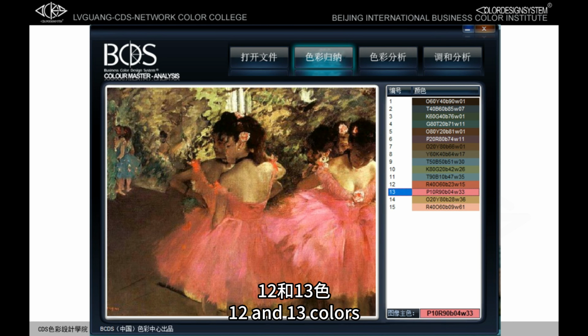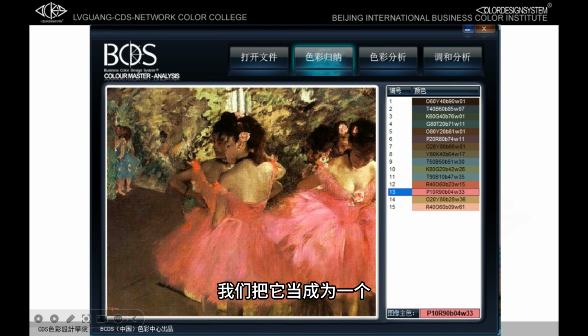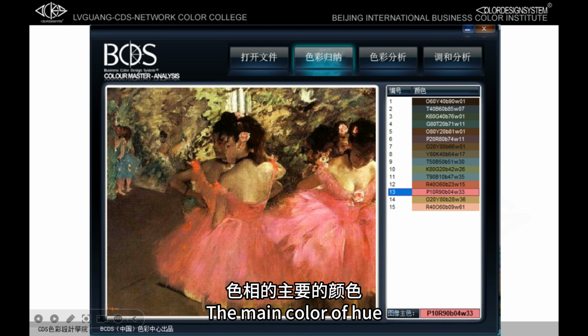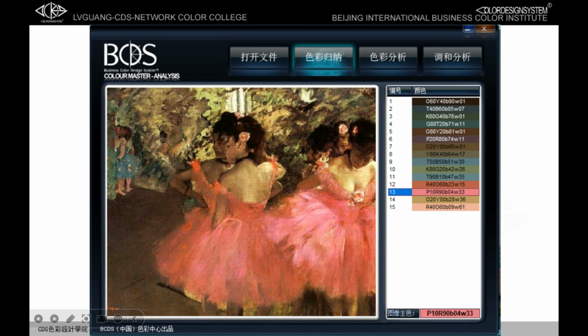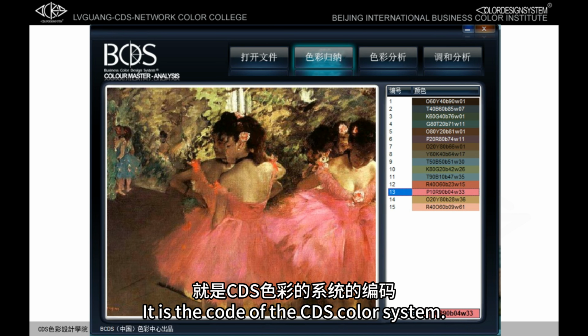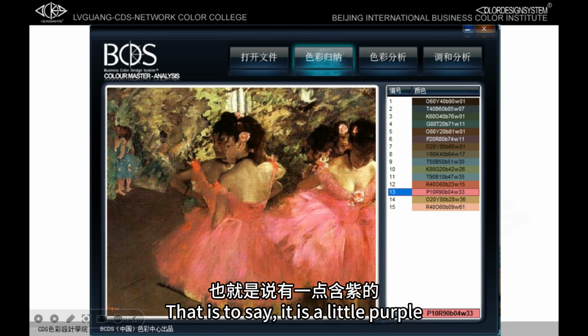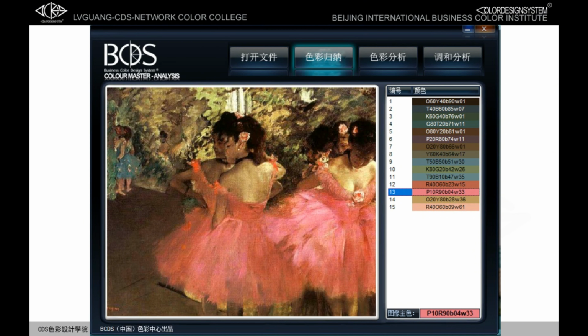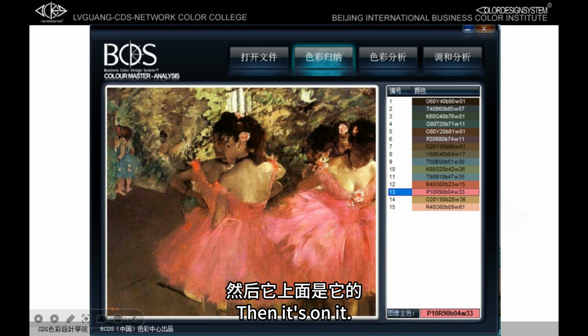Just these two colors are basically the main colors. So here we regard it as the main color of hue, and here's the color coding system. It is the code of the CDS color system. It's P10. That is to say, it is a little purple. The remaining 90% is reddish.